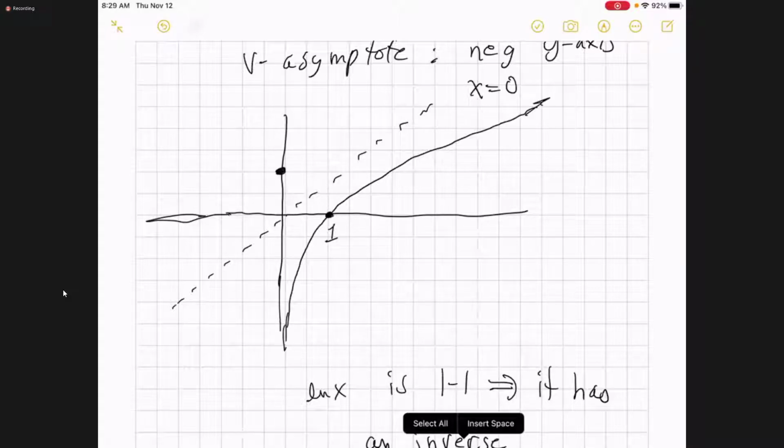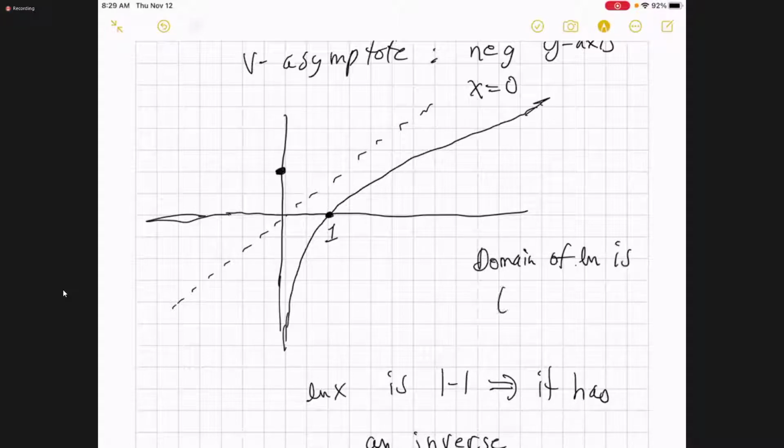And also because the domain of ln is the positive numbers, that means the range of exp is the positive numbers. The domain of ln for the inverse is the range.